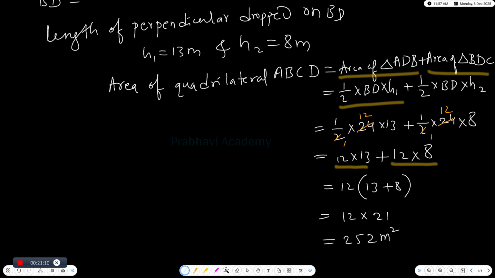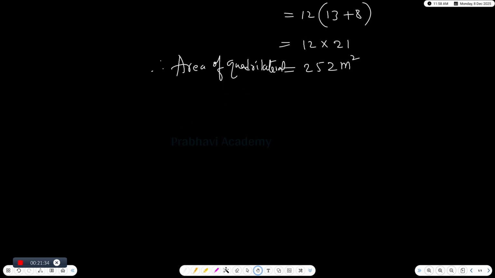So area of quadrilateral is, therefore, equal to 252 meter square. So this is one method, and one more method is there. So that's the simplest one. That is area of ABCD.